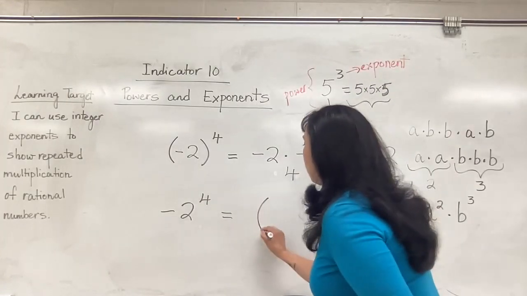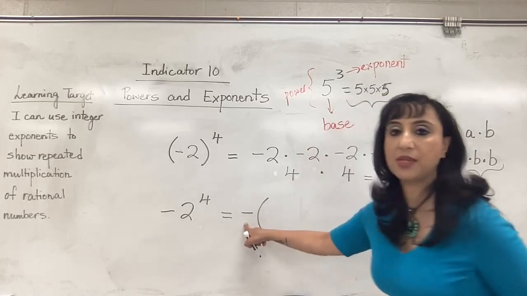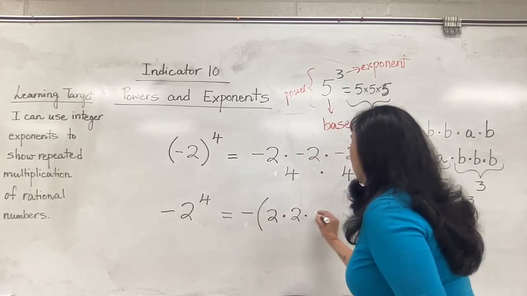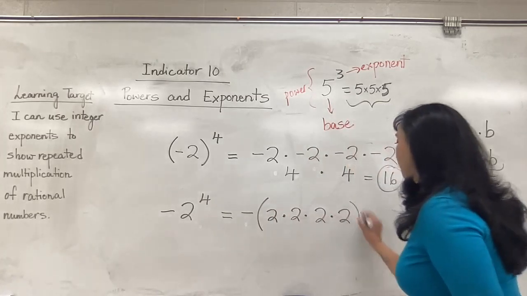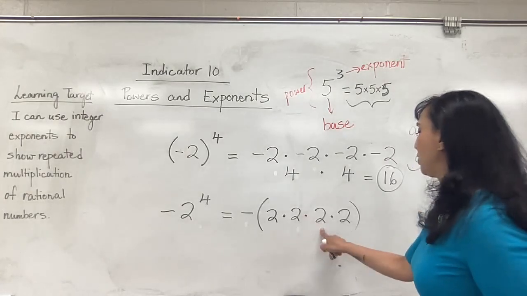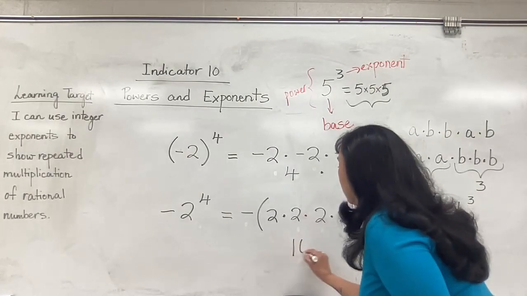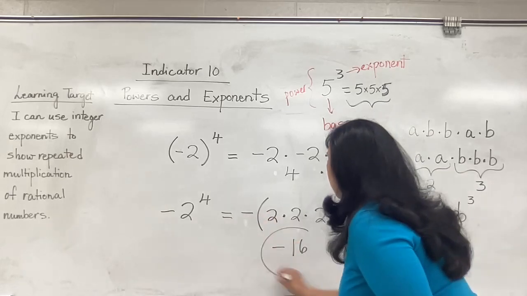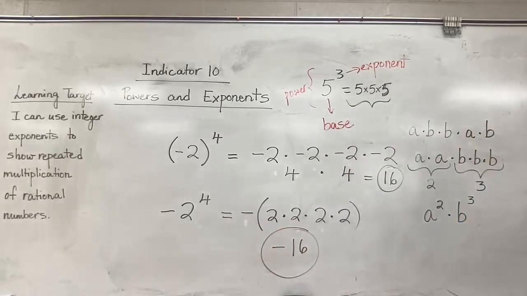The negative sign comes outside, and it is 2 times 2 times 2 times 2. So 2 times 2 is 4, times 2 is 8, times 2 is 16. Do not forget there's a negative sign outside, so this one turns out as negative 16. Just be careful with these ones.